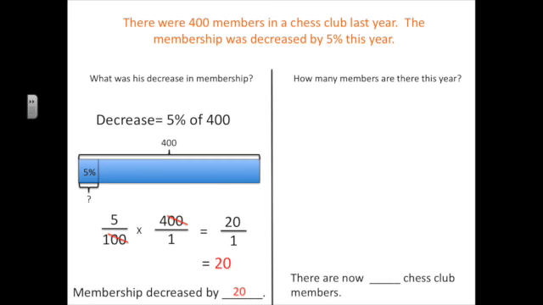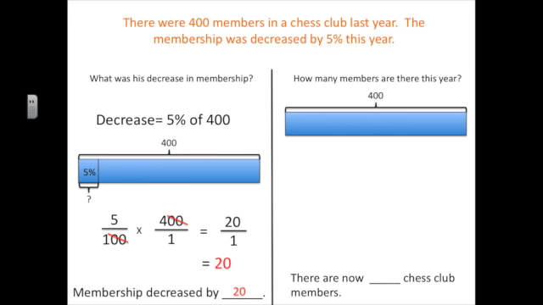Now we want to know how many members are there this year after the 5% decrease. We know that there were 400 members in the chess club. We know that it decreased by 5%, so we want to take that 5% away. We know that that 5% represents 20 people.